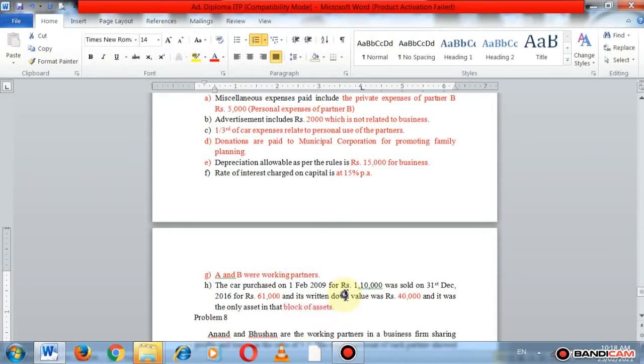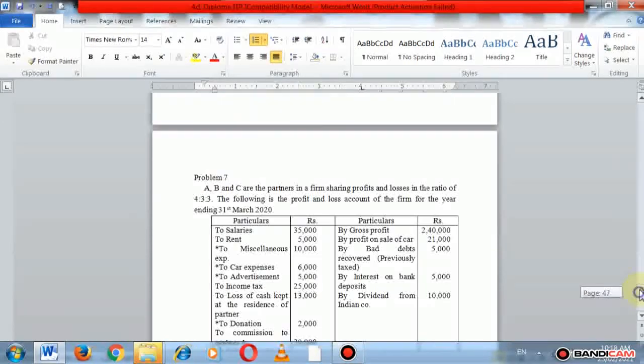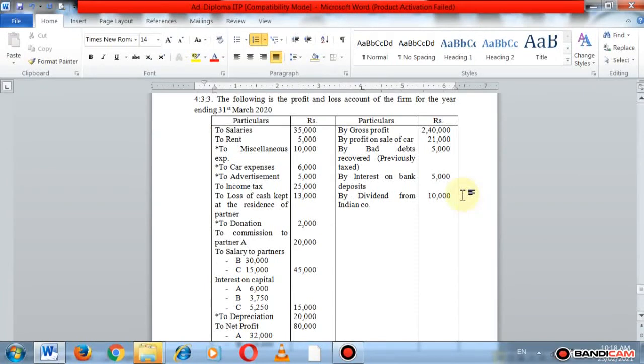If 21,000 is written on the credit side as profit on sale of car, then capital profit is not taken into consideration as the income of the business.